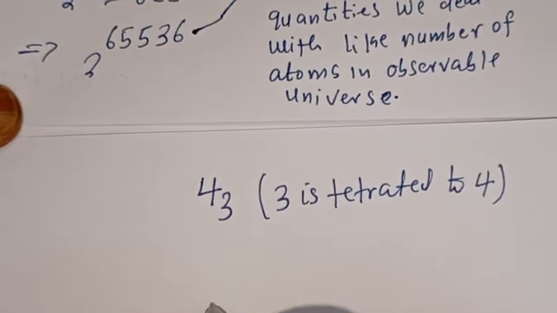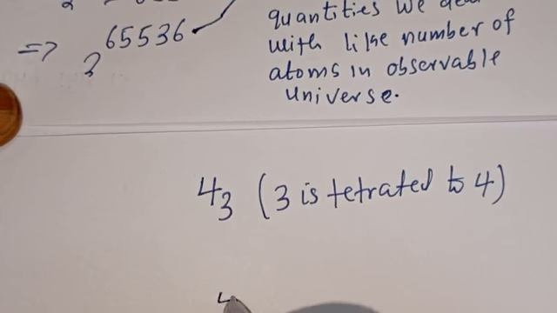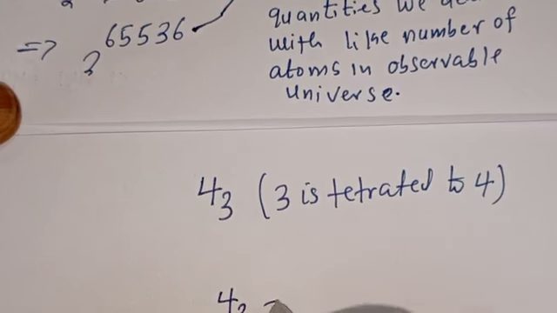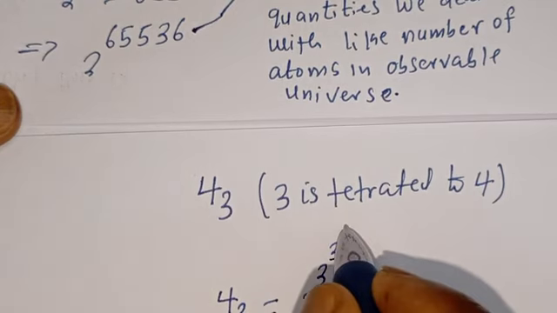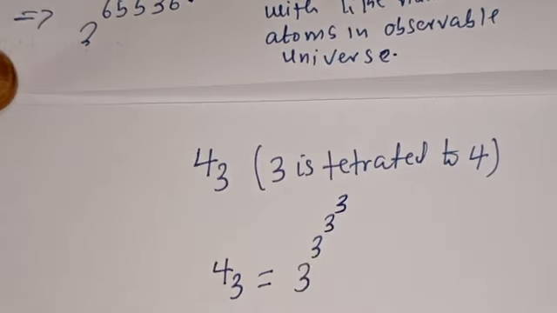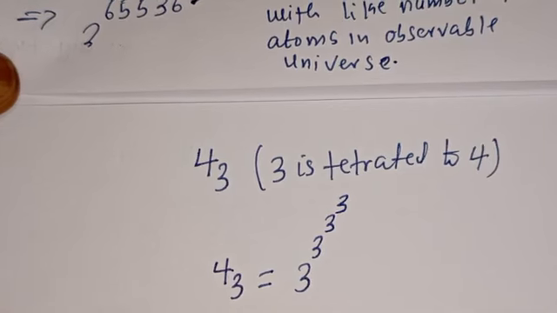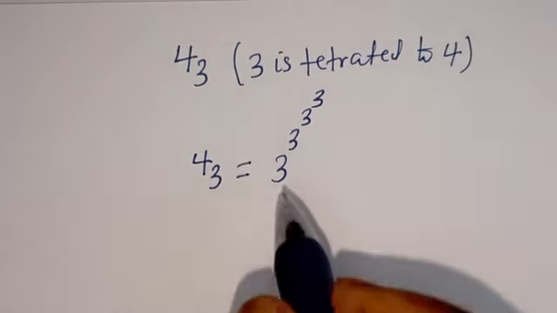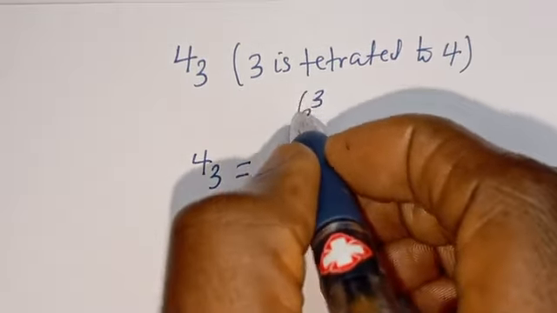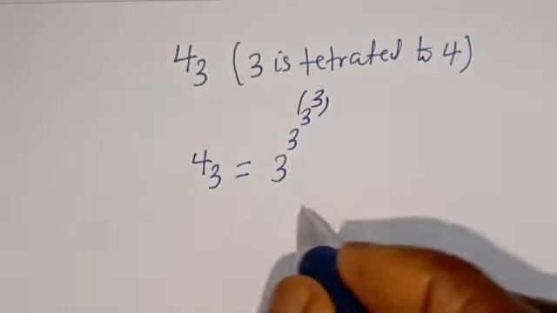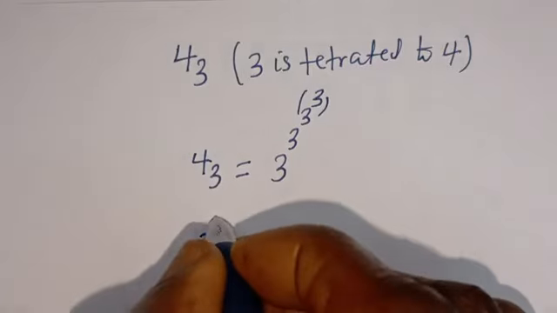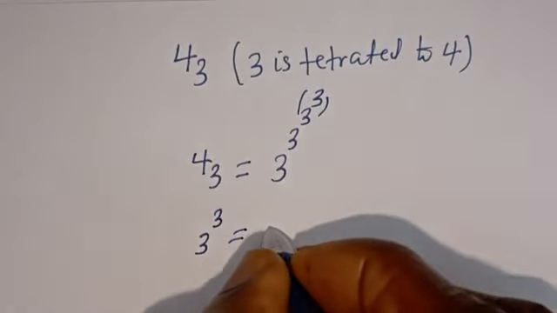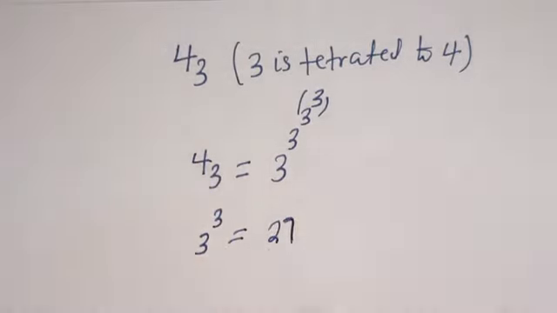Then 3 tetrated to 4 is equal to 3 to the power of 3 to the power of 3 to the power of 3. Then in the same way, we can consider the last two exponents, that is 3 to the power of 3, which is equal to 27.